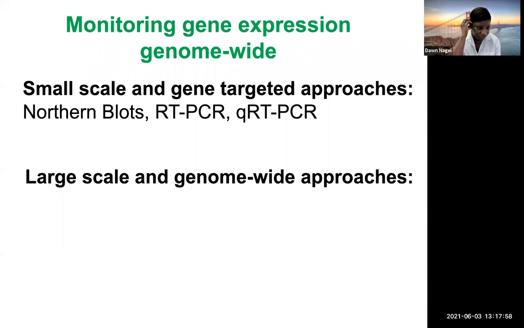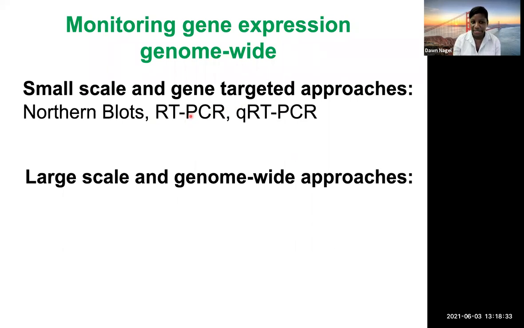And I have written here also RT-PCR and qRT-PCR. Anyone know the difference between these 2? Right, so the qRT-PCR is quantitative, right? So you use the qRT-PCR because you can quantify how much of that gene is expressed relative to something else.